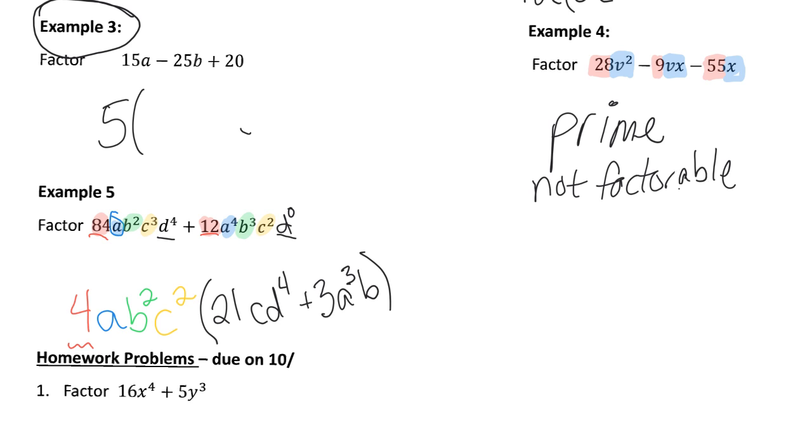So we take this a, we take the b squared, and we take the c squared. And because one has a d and one doesn't, we take the one without the d. So now this is our GCF. But remember, we have to divide each of those by our GCF. And that gives us this: 21cd to the 4th plus 3a to the 3rd b.